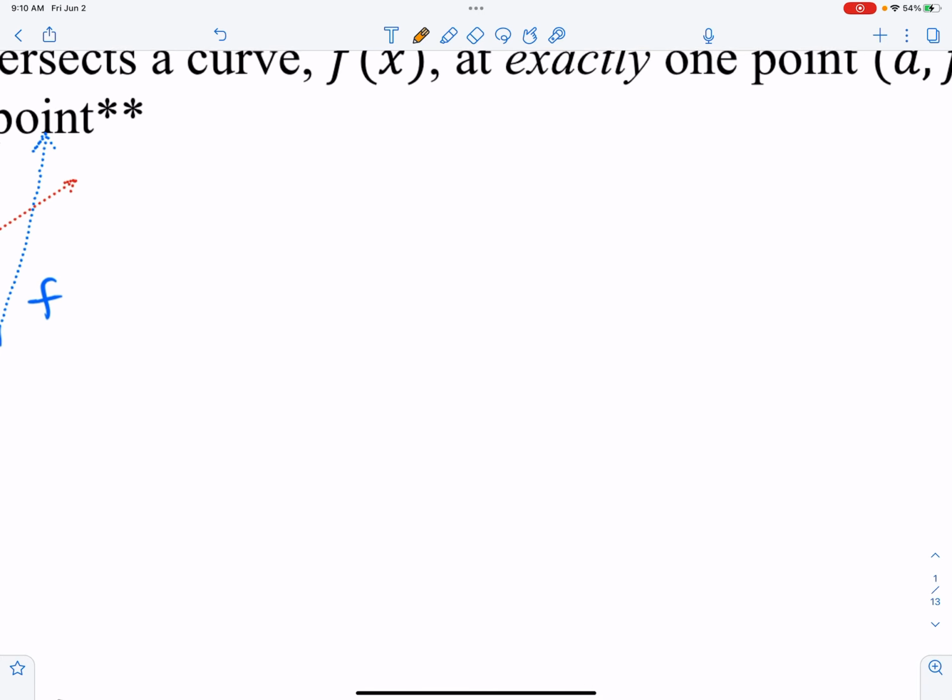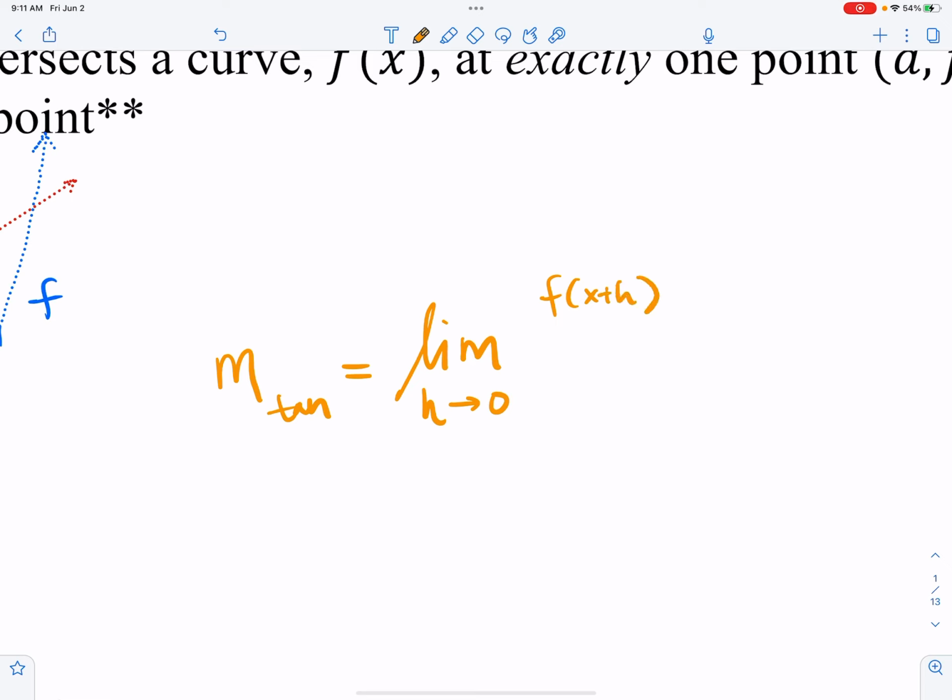So the slope of the tangent line, which I'm going to abbreviate M sub tan, would actually be the limit as h approaches 0 of the difference quotient, so of f of x plus h minus f of x all over h.